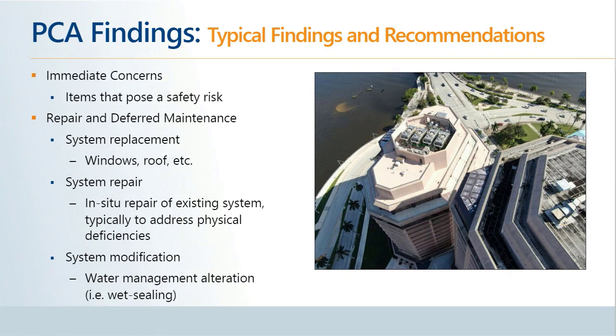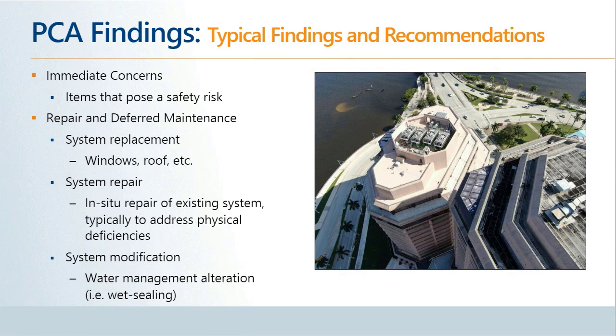The repairs identified during a PCA generally fall into three primary categories: complete replacement of a system or element, in situ repair of a system, or modification, the last two being somewhat related.